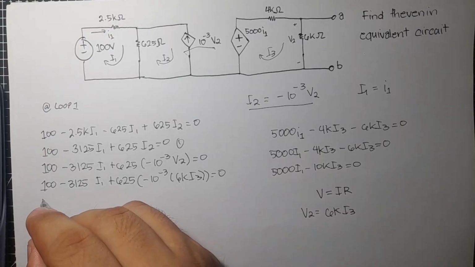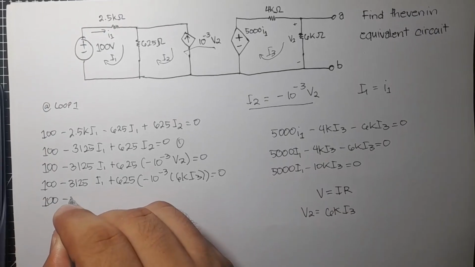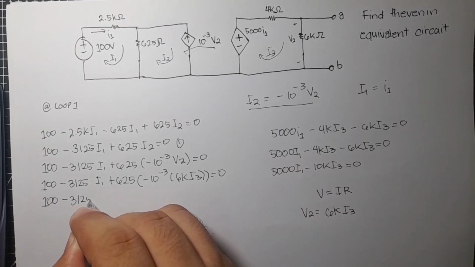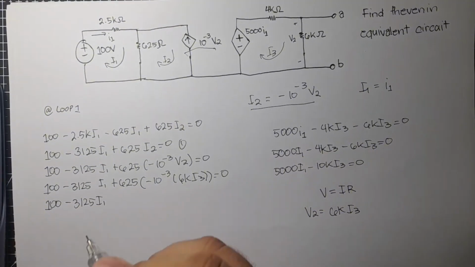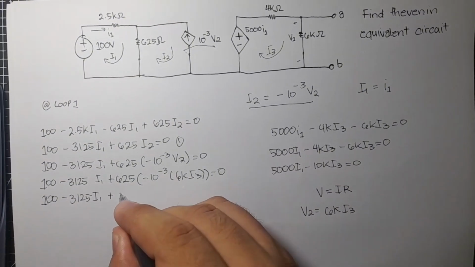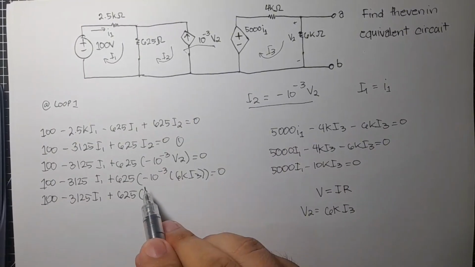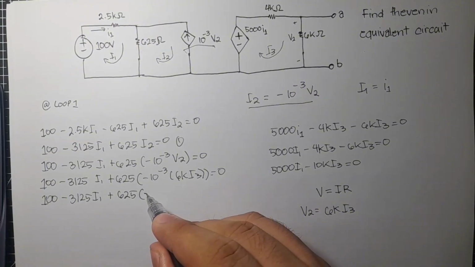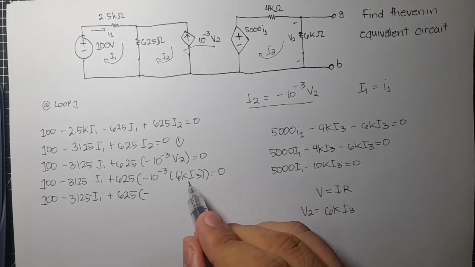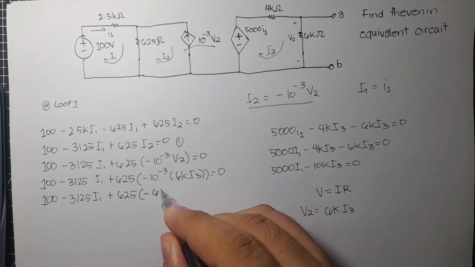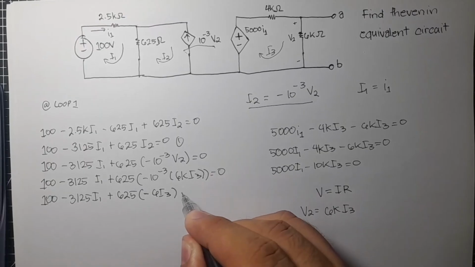So we will now have 100 minus 3125 I1 plus 625. So negative times positive is negative, so negative 6 I3 equal to 0.